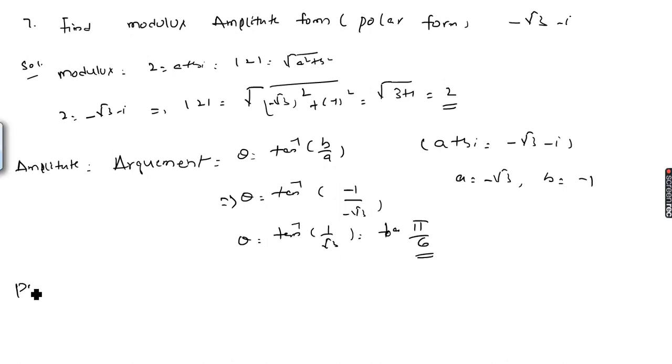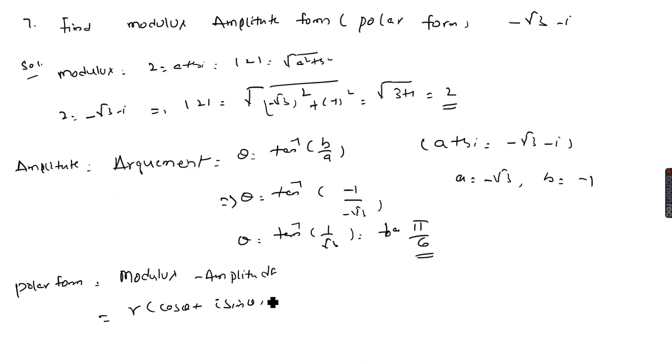For the polar form, or modulus amplitude form, that is r into cos theta plus i sin theta. What is the value of r? 2 into cos of the theta value pi by 6 plus i sin of the theta value pi by 6.